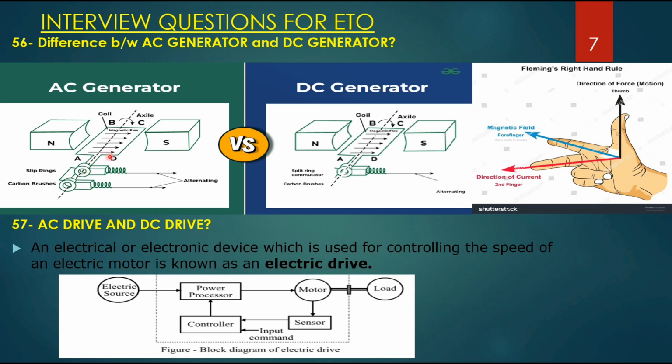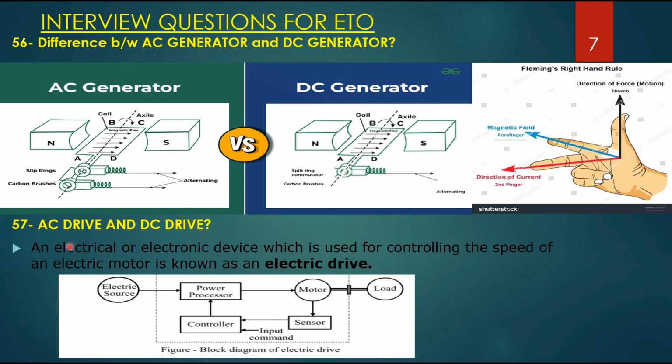With the slip rings, one end is connected to one slip ring and the other to the other, so we get alternating current. But here there will be a small gap, and this is the commutator, so we get DC supply here. You can see the video, in that you will understand clearly.